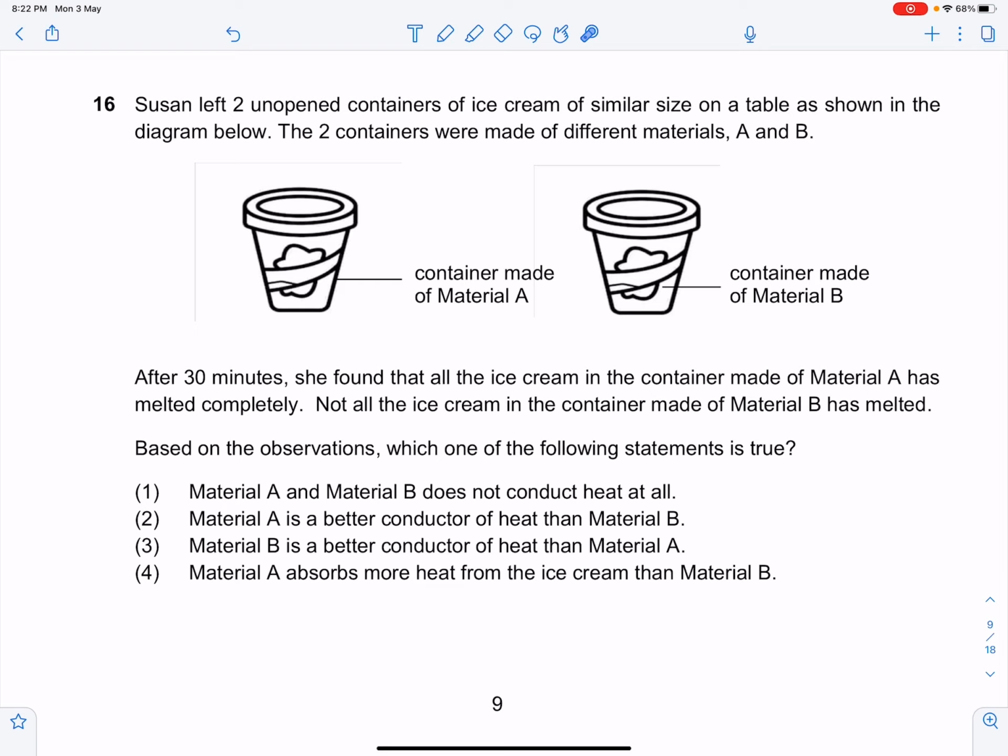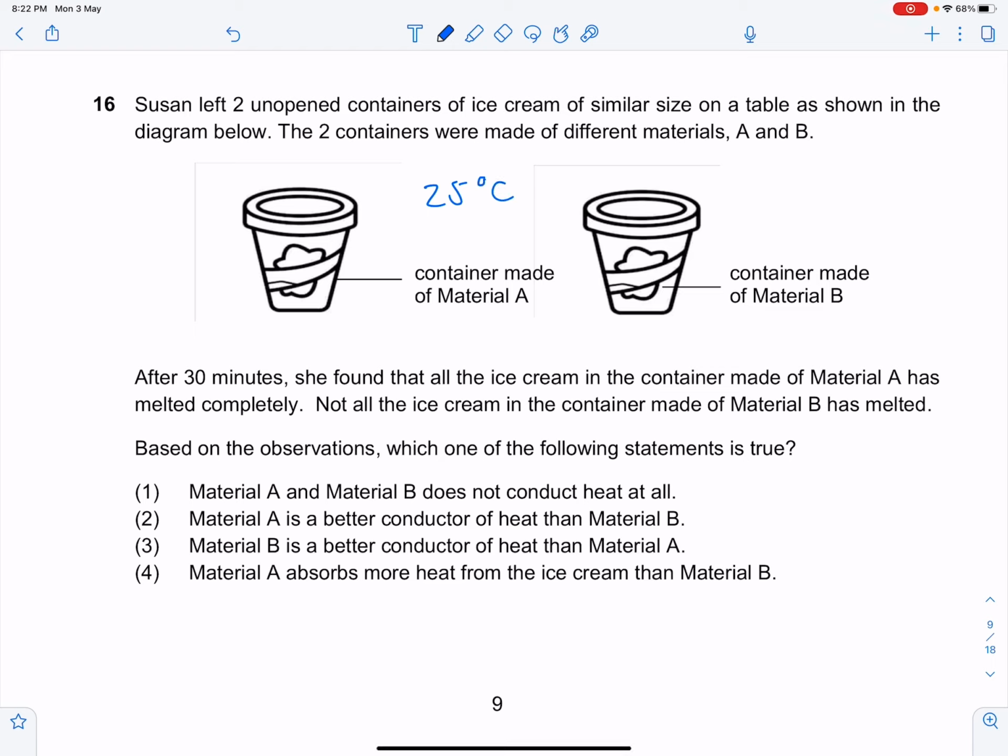So right off the top, the idea that comes to me is I know that container A is made out of a material that is a better conductor of heat than B. This is because it allows heat to travel. I'm assuming that the room temperature must be higher than 0 degrees Celsius, about 25 degrees.